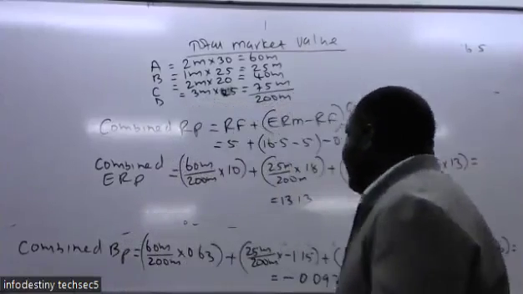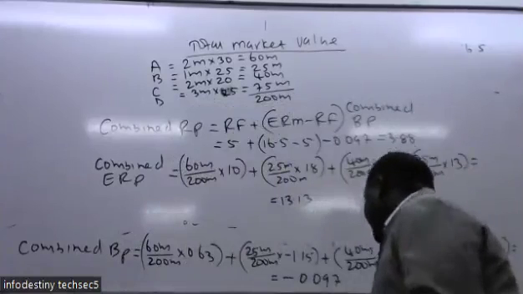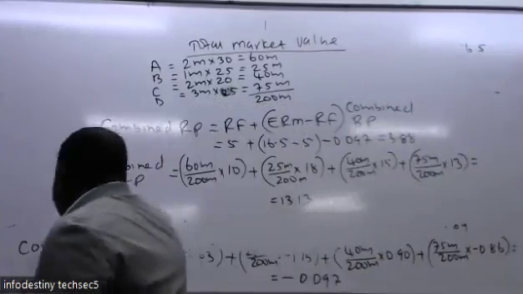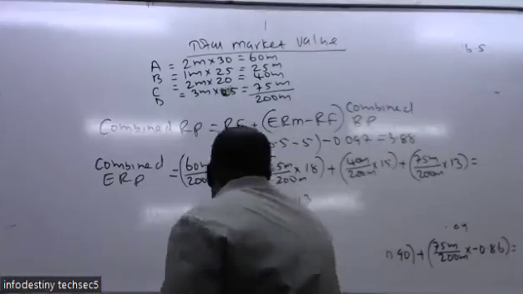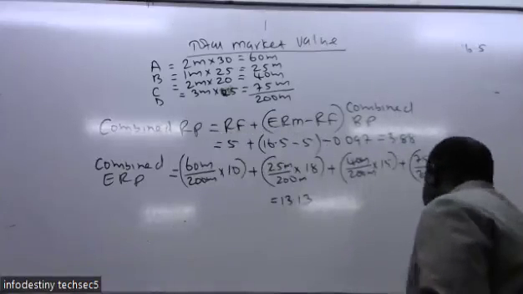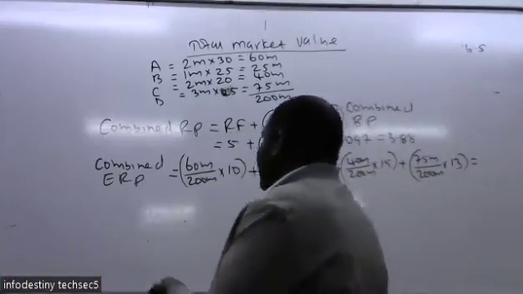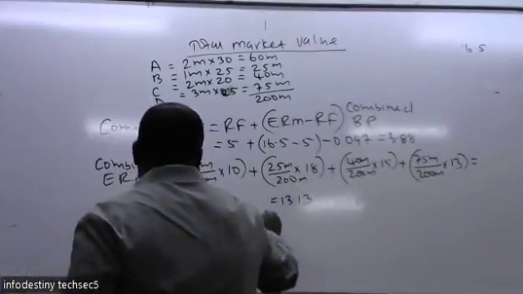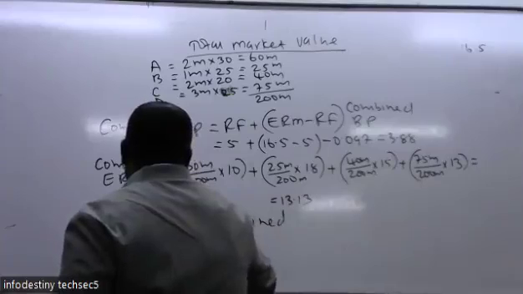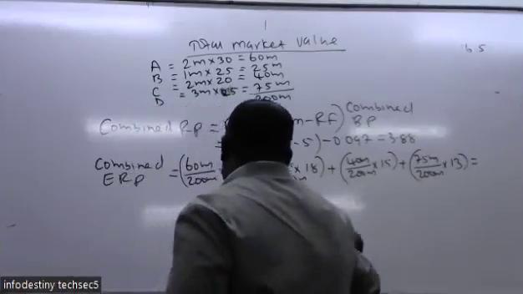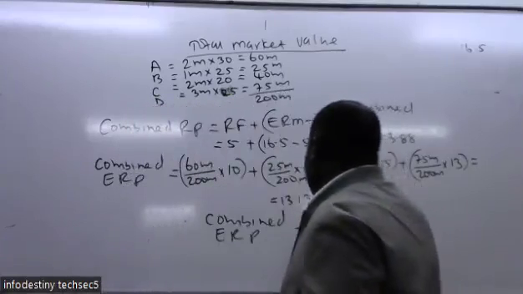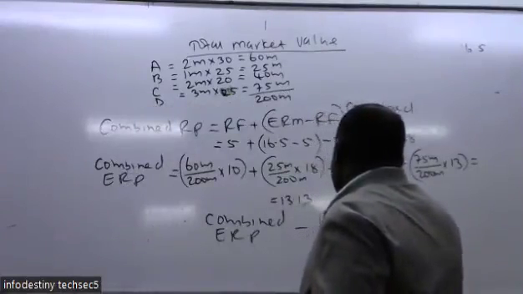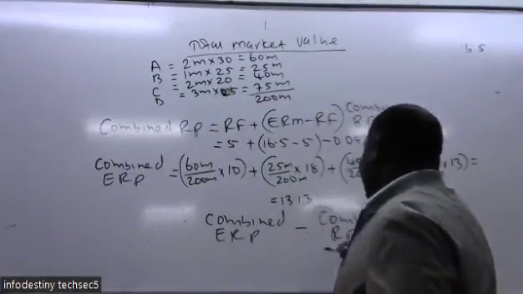Then finally, remember that portion, where you take the combined expected return of the portfolio, we minus the combined return of the portfolio.